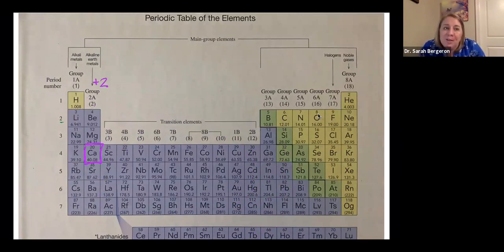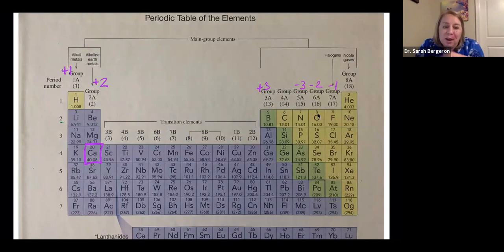So when you get an exam, you're going to have a blank periodic table. So I don't suggest that you write on it. Maybe you can have one periodic table that you write on and one periodic table that you keep clean. That way you can practice with the clean one. But if you want to write your charges, +1, +2, +3, -1, -2, -3, so that you can double check yourself, that's fine.